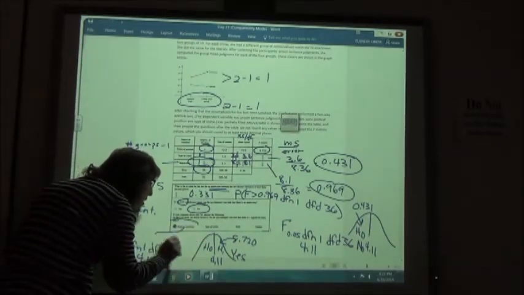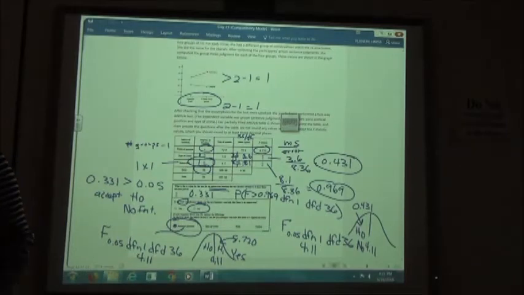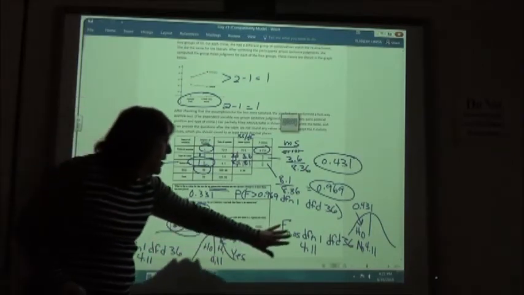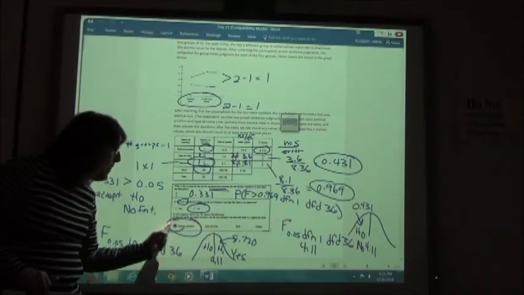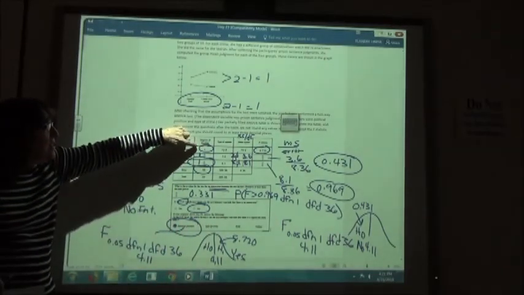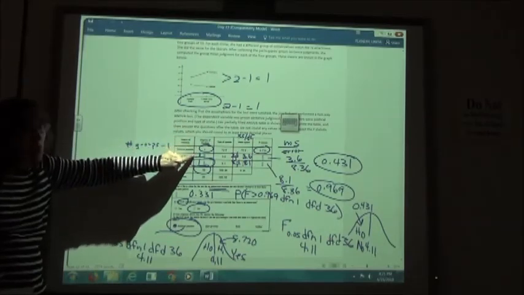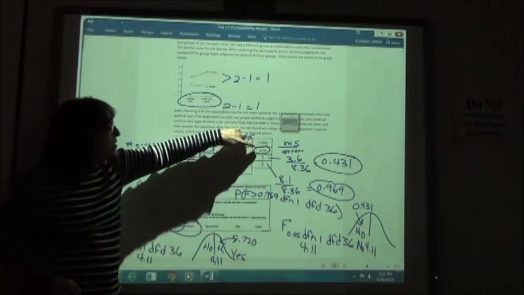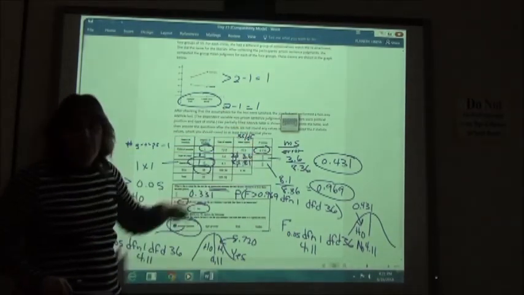So if I get a no here, I'm going to find my critical values for each of these separately, making sure the degree of freedom in the numerator is the degree of freedom for each of those two things separately. And then I'm going to compare them to the F statistic for each of those separately.